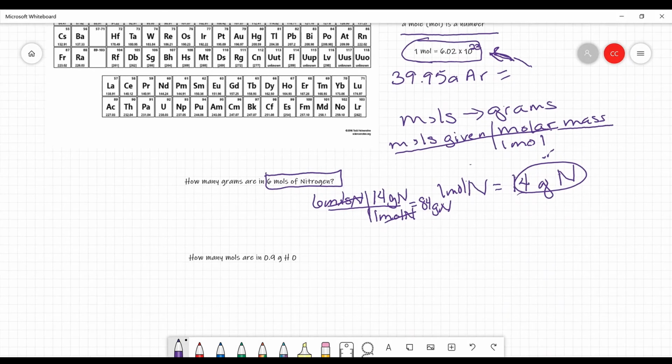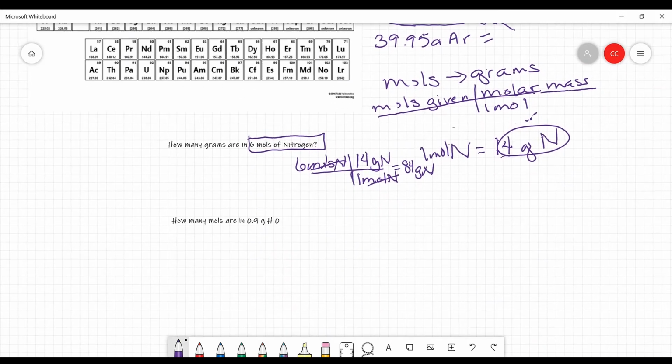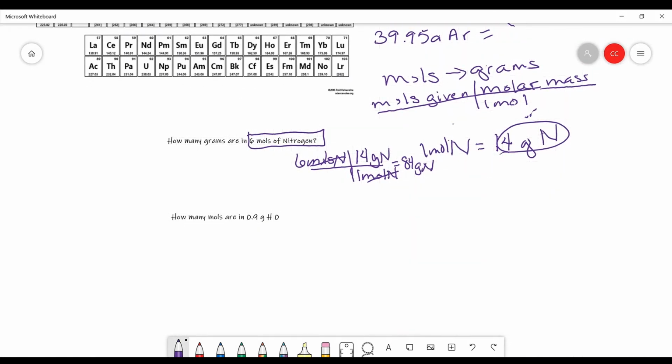So let's look at the next one. How many moles are in 0.9 grams of H2O? So in this case, grams of H2O are our given.